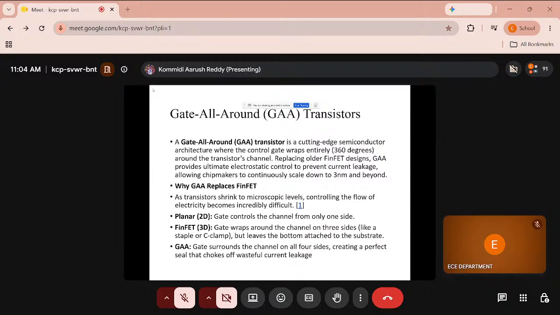Those are controlled and we can control the leakage current in gate-all-around transistor level design. So that is the basic functionality, which wraps the 360 degrees of the transistor channel in all the dimensions. So next slide please.